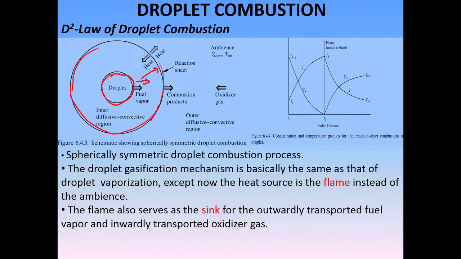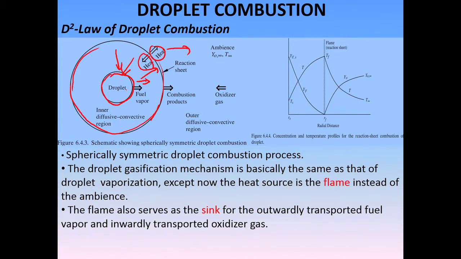The flame gives out heat in both directions. This heat goes towards heating the ambient or the oxidizer. This heat also goes to the droplet and aids in the vaporization process. This flux of heat from the flame into the droplet is like heating the droplet from the ambient, equivalent to putting the droplet in a heated flow.